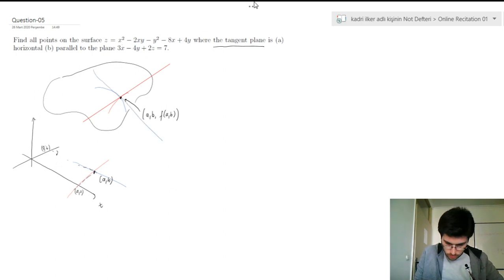Something like this, if you like. And then, as we discussed before, the slope over here is just f1(a, b), and the slope over here is f2(a, b). This is the slope.